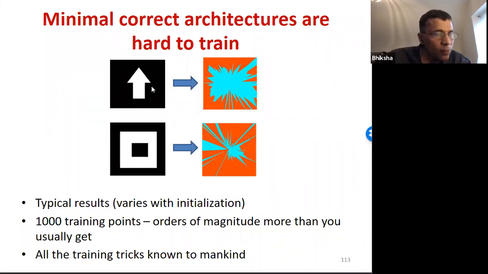So if I start off with the optimal architecture, then I generate like 1,000 samples from this decision boundary, and then train the network. And I use every known trick to mankind to train the network. Here are the decision boundaries that gradient descent will actually learn. It's complete rubbish. Nothing like what you really wanted to learn. So this is the first thing that you learn.